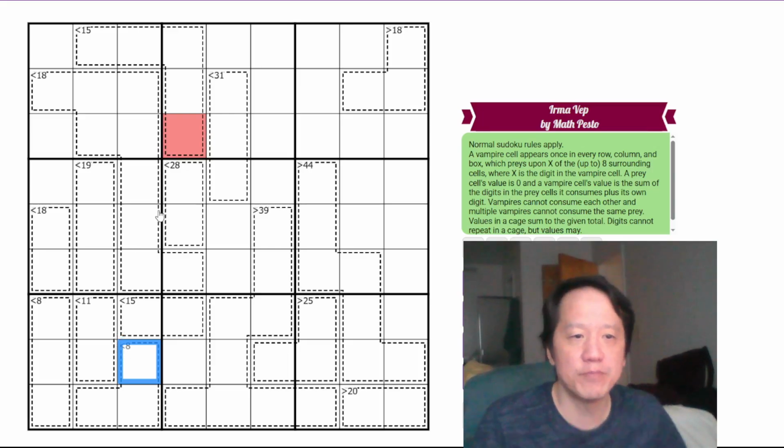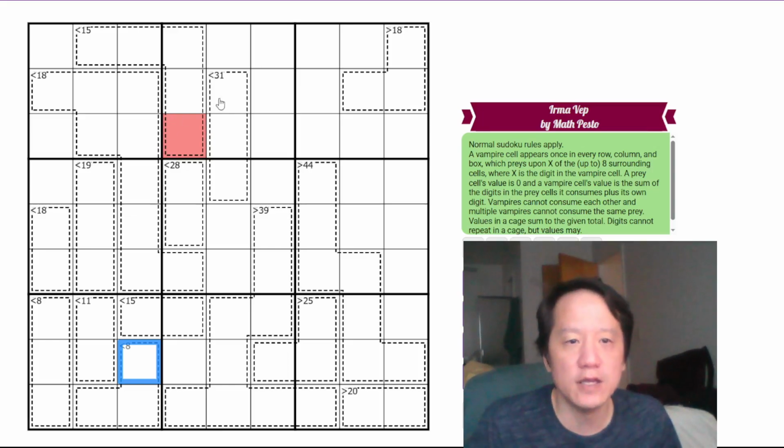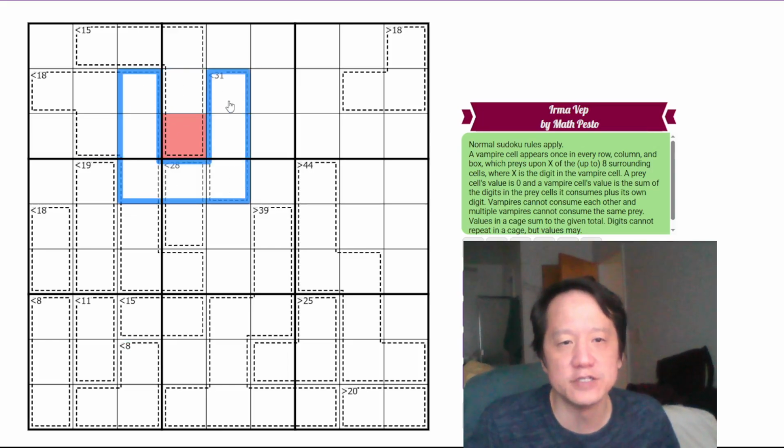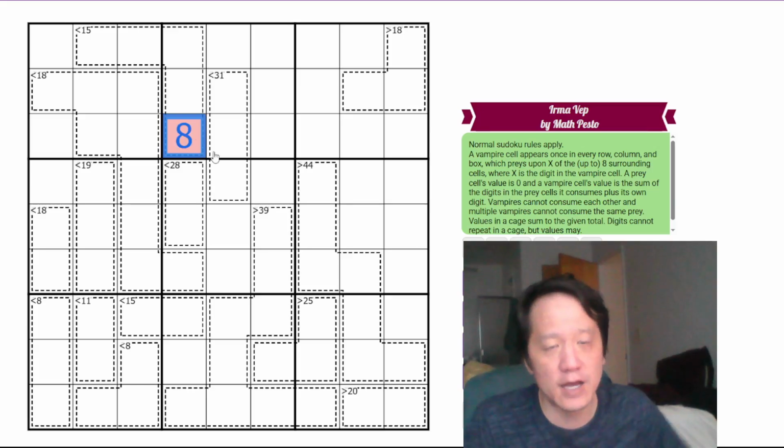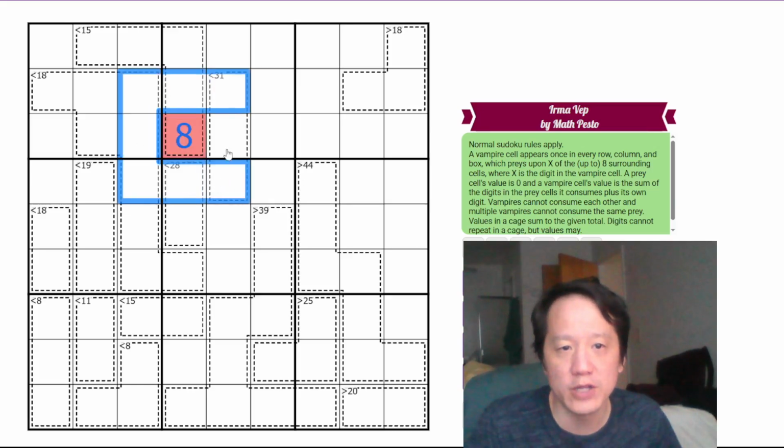And it preys upon the up to 8 remaining digits that surround it. So basically, if this were, say, an 8, that would prey on all 8 digits that surround it. These would essentially be preyed upon, and therefore they would have a value of 0.